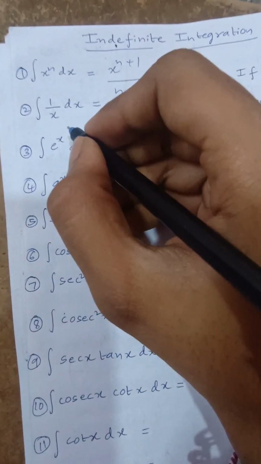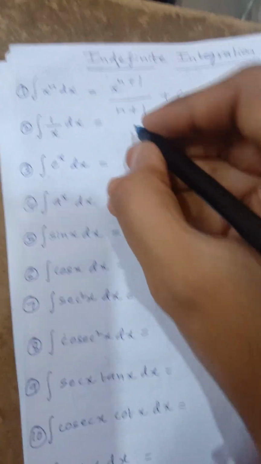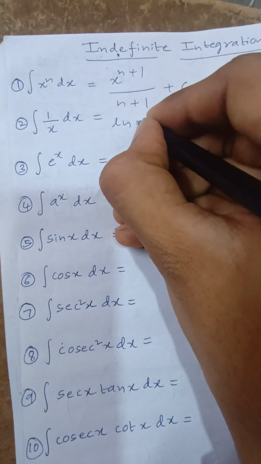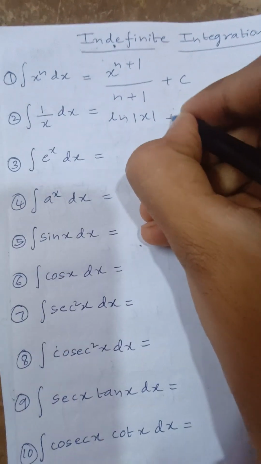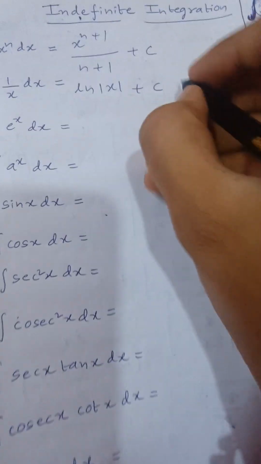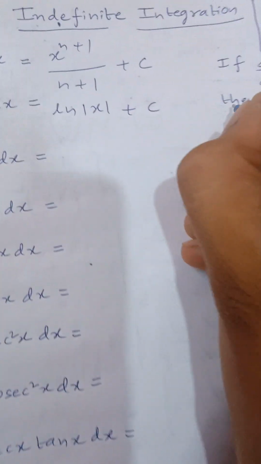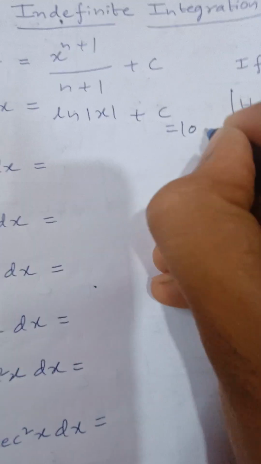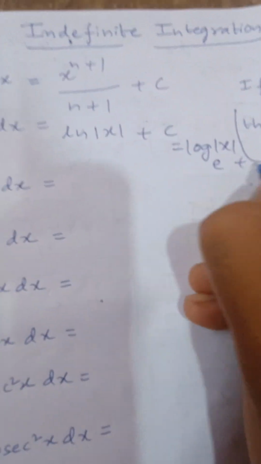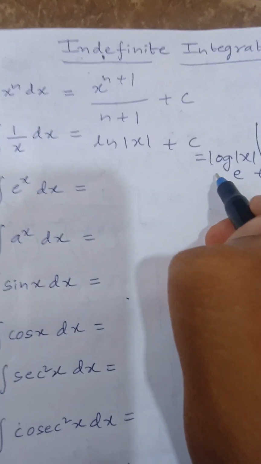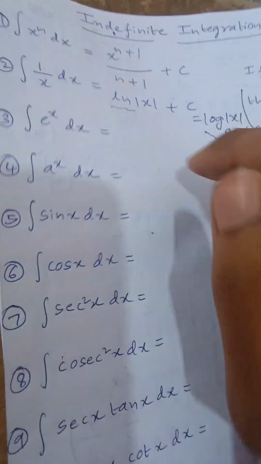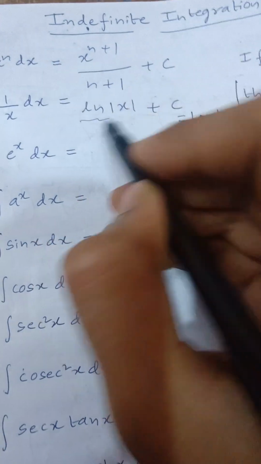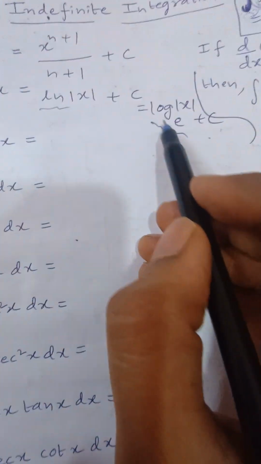The next formula is the integral of 1 by x dx, which is ln or log to the base e of mod x plus c. We can represent it by log to the base e or ln, your wish. In later stages I will use ln. You can use log to the base e also.